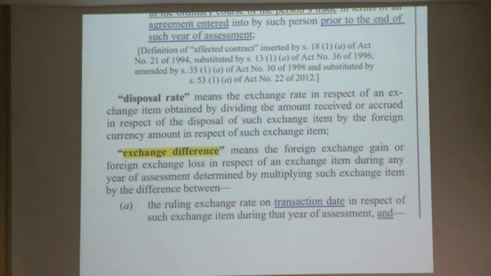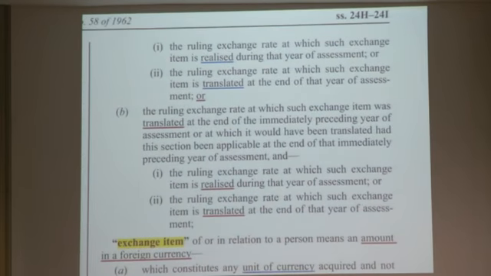This is just the legislation wording of what I've already explained to you, that we go from transaction to year end to realization. So it says you take the transaction date, and then on the top of the page it says you compare it to when it's realized, unless there's a year end in between.